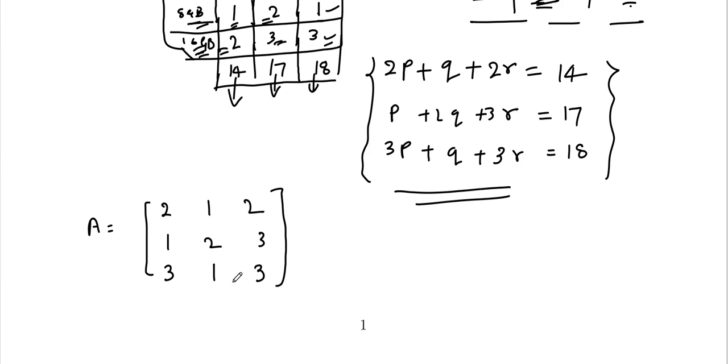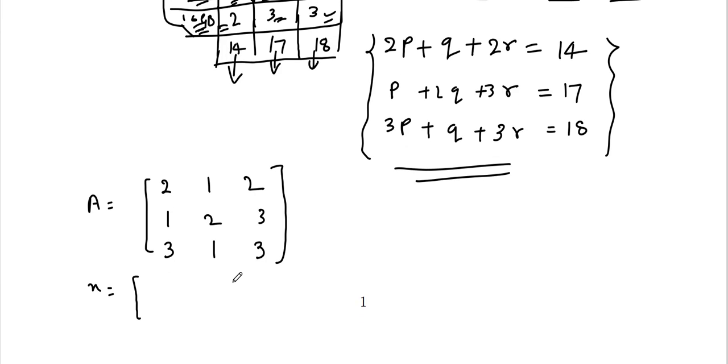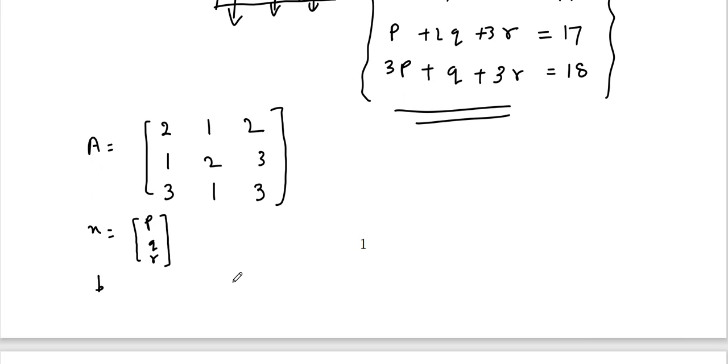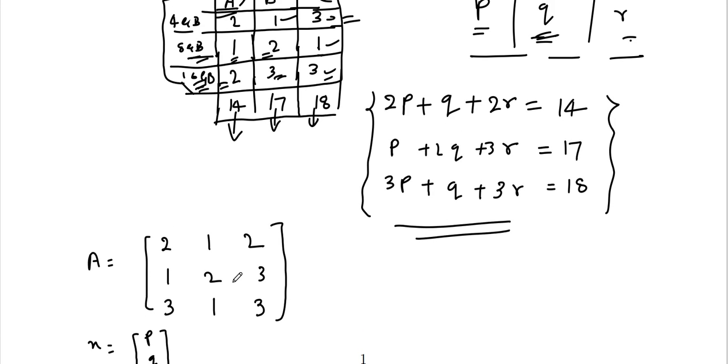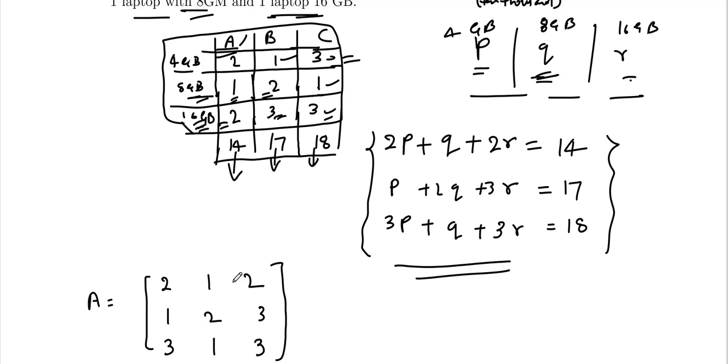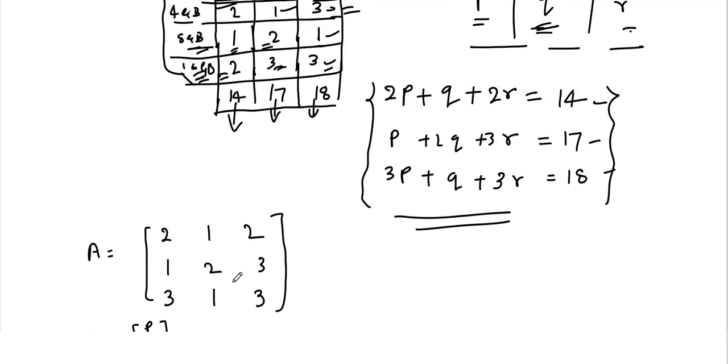Now the variables are P, Q, R, so X is the column P, Q and R, and B is the right hand side of the system of linear equations. Here the right hand side is 14, 17 and 18.